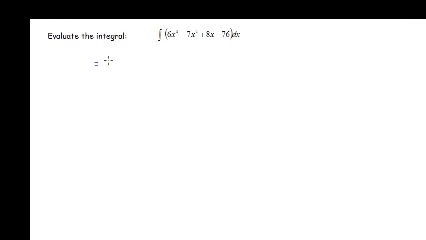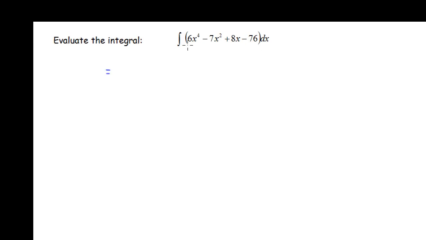So let's work one quick and fairly easy example here. If we're trying to find this integral, remember when we were doing the derivatives of something like this, we did the derivative of each term, term by term. And that's the case for the antiderivative also. So we're going to do the antiderivative term by term. I'm going to write this out this time, but you don't necessarily need to do this.